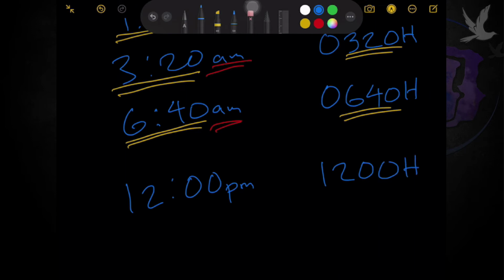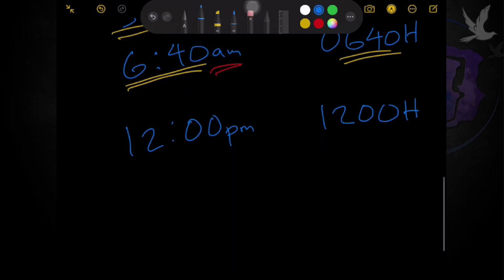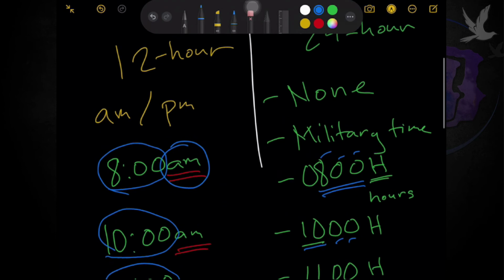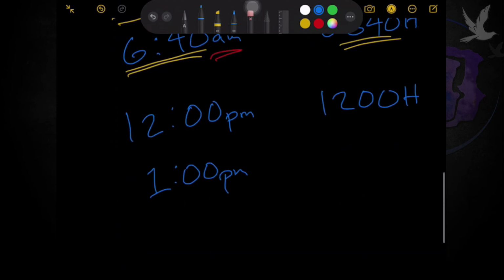The only difference comes once it becomes 1 p.m. Okay? Because we are now making use of the 24-hour clock. In other words, it won't go back to 1, but will continue as the next number from 12, which is 1300 hours. Okay? Technically here, all you need to do is just to know the equivalent.